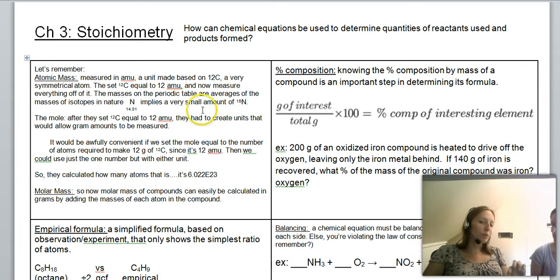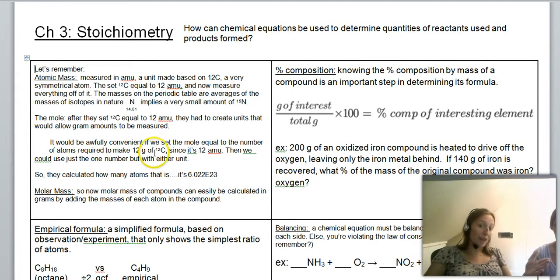Let's reuse those numbers when we're dealing with grams. And the way that they did that is they said, okay, 1 mole is going to be the number of atoms that we need to make 12 grams of carbon-12. That way, the 12 AMUs and the 12 grams, you can pick whichever unit you feel like using, and that number works both ways. So that's what they did.